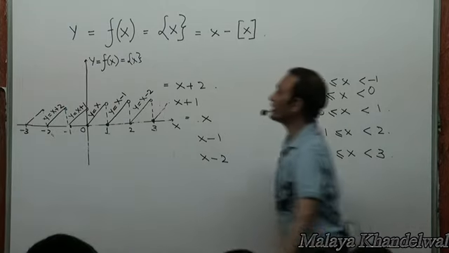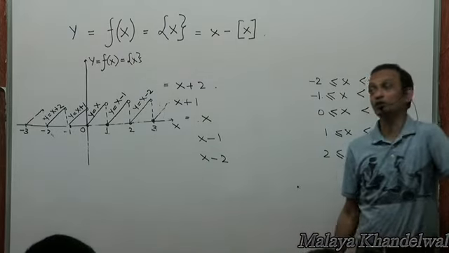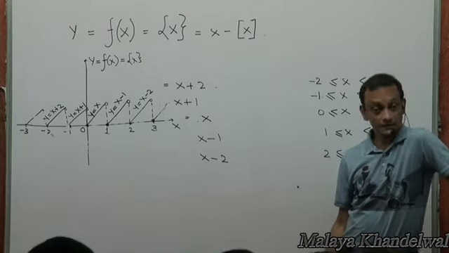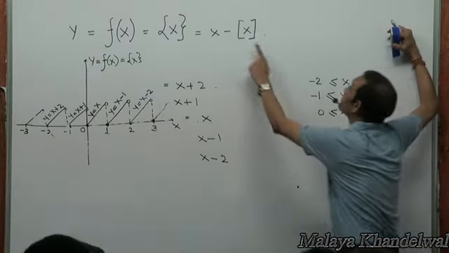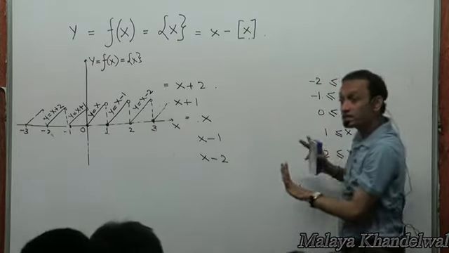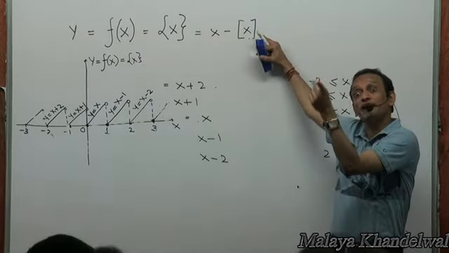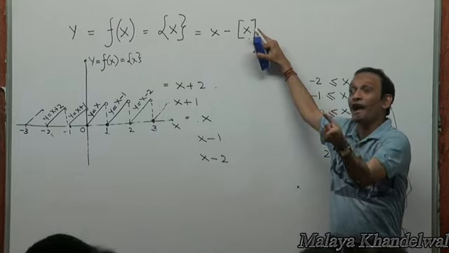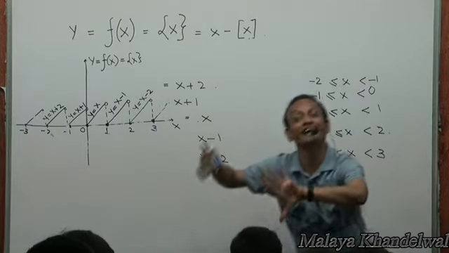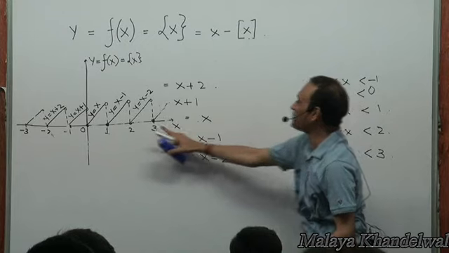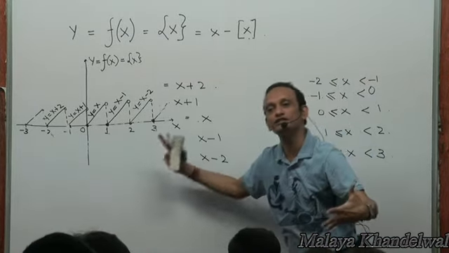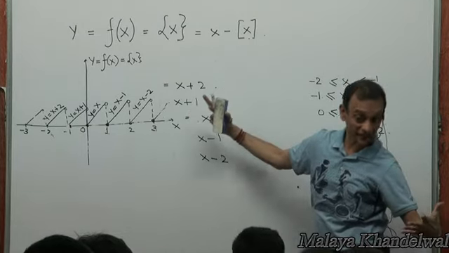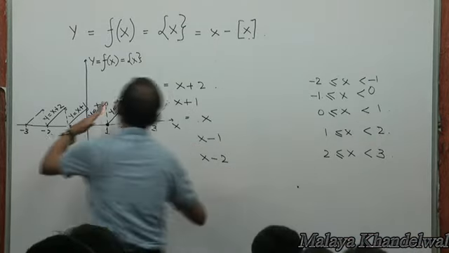This was the graph of y equal to f of x, equal to the fractional part of x, in various intervals, right? And realize that the fractional part of x was x minus box x. Now box x changed behavior every time x was an integer, and the fractional part of x inherited that behavior. Every time x was an integer, there was an abruptness, a change of character represented by the fractional part of x. See, it was going all right.